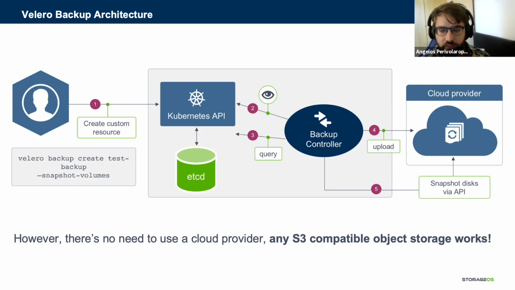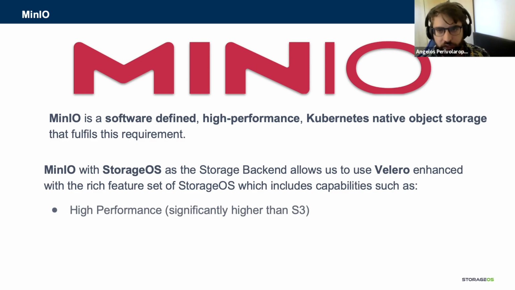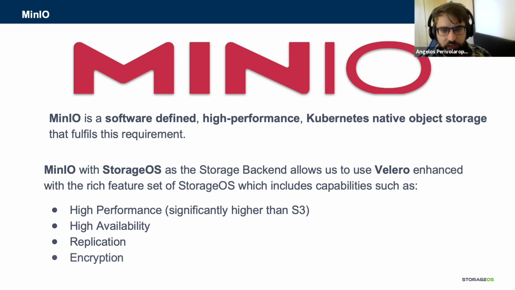Maybe this diagram isn't showing it, but you don't need to have a cloud provider. Any S3 compatible object storage works, which is great for this webinar. There is another very interesting program called MinIO, which is a software-defined high-performance Kubernetes native object storage, which fulfills the S3 compliance that Velero needs.